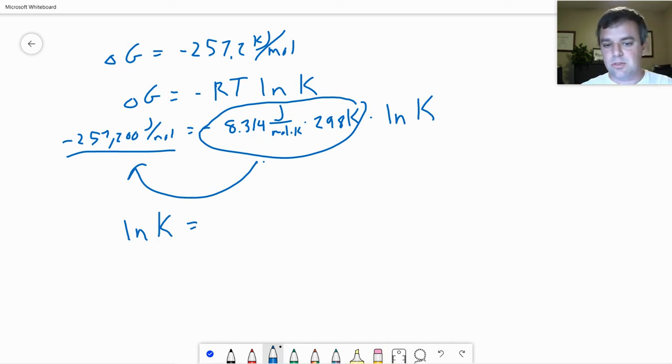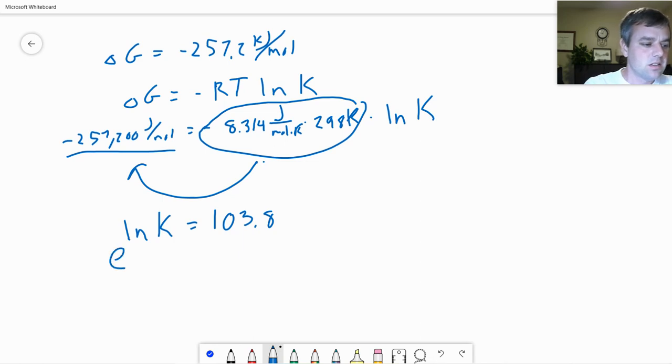We'll find that the natural log of K is equal to 103.8. You'll notice all the units cancel out, because kelvins cancel with kelvins, and joules per mole divided by joules per mole cancel.